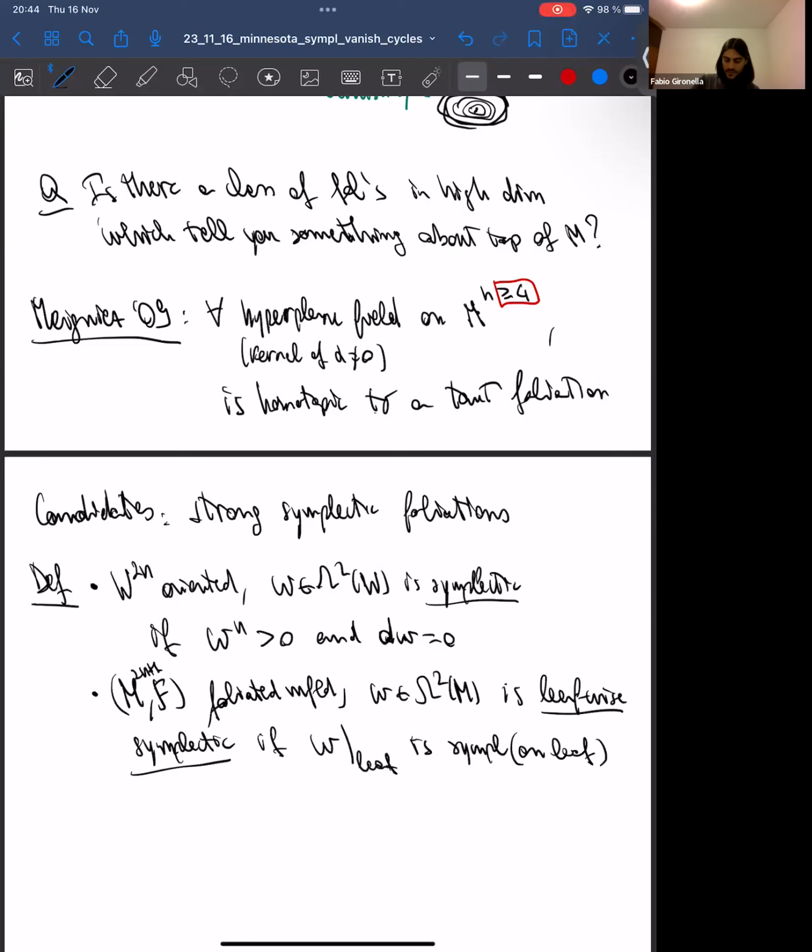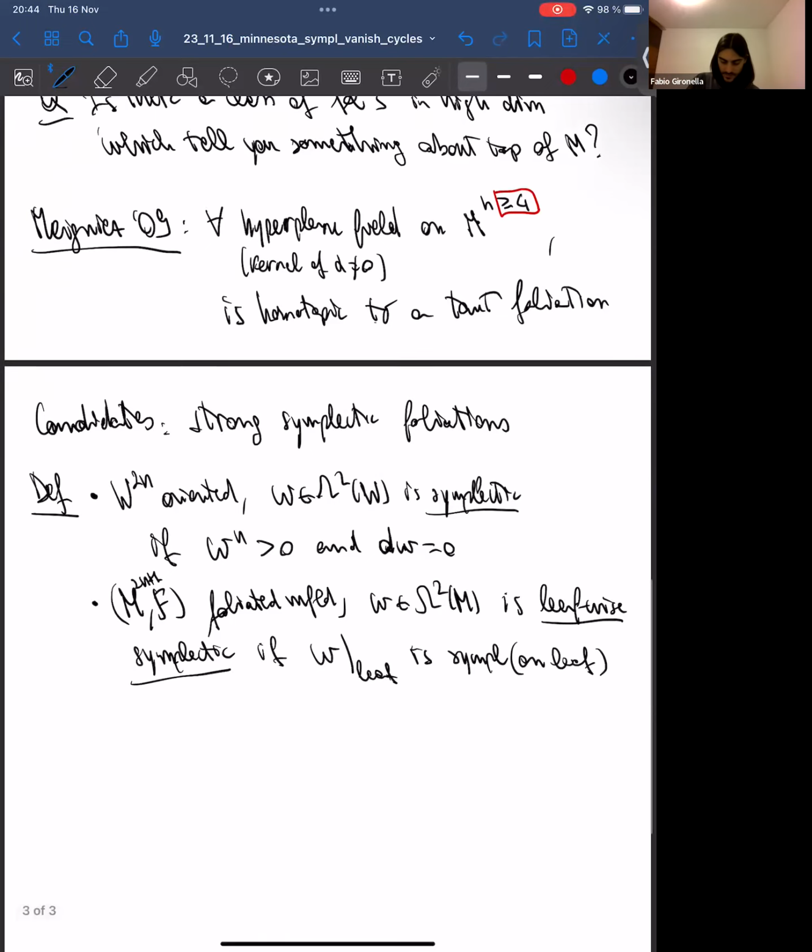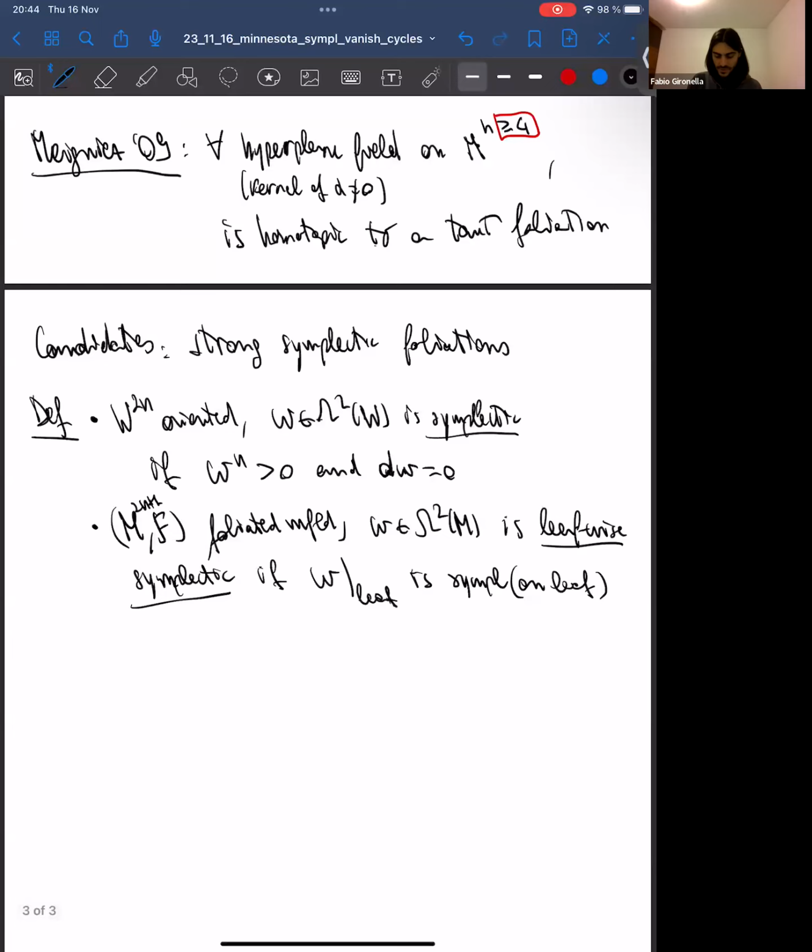Recall that these leaves are 2n-dimensional submanifolds in M. So this makes perfect sense, and we call (F, omega) a symplectic foliation.